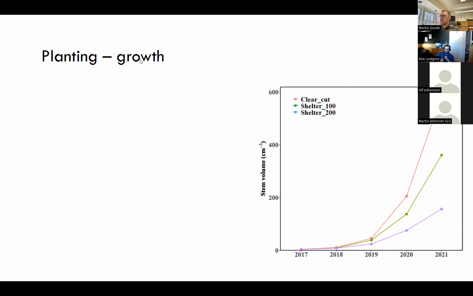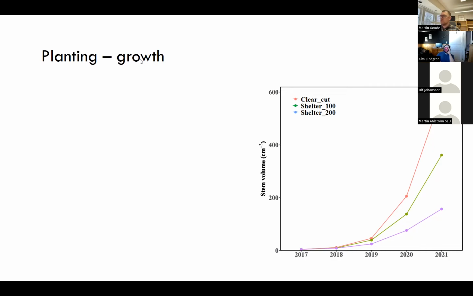But what was quite interesting, and what I'm not showing here, is that if you look at the same graph showing the leading shoot growth, the seedlings that grew on the clear-cut and in sparse shelterwood had quite similar leading shoot growth. But if you look at the stem volume, the differences between clear-cut and sparse shelterwood are quite large.